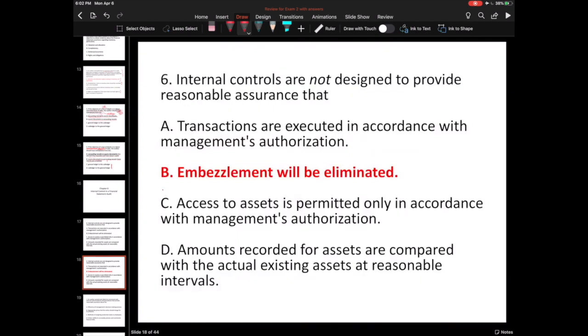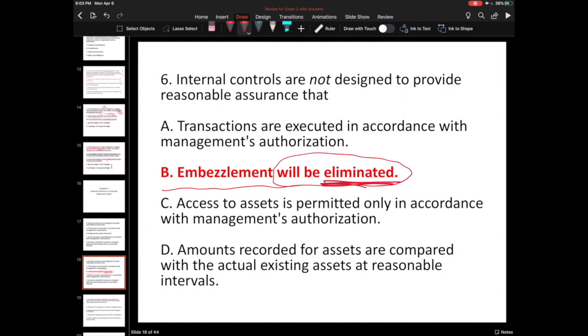So hopefully you read B, and the main problem with B is it sounds way too extreme as an answer, right? Embezzlement will be completely eliminated, as opposed to, hey, good controls should reduce risk of embezzlement, right? This is really saying eliminated, as in 100% gone.